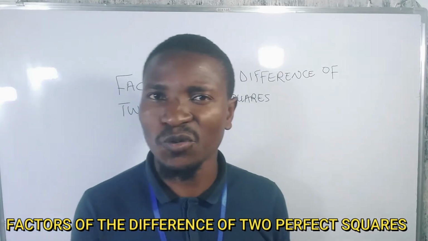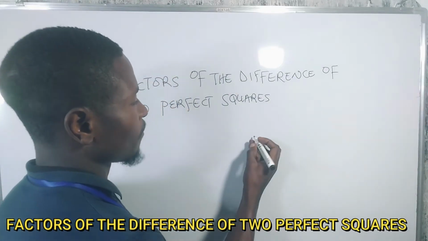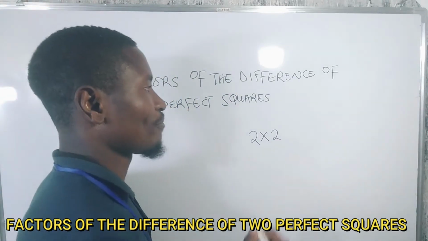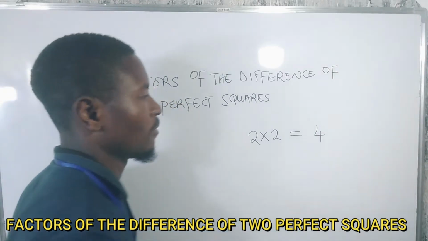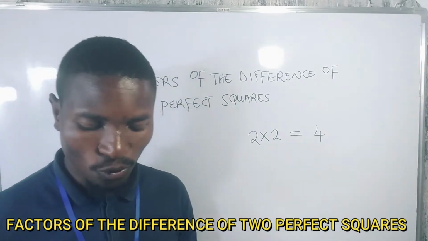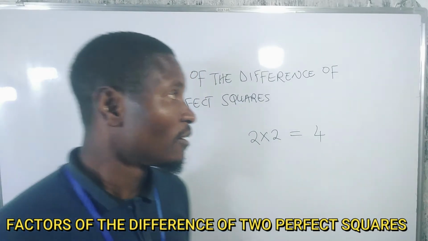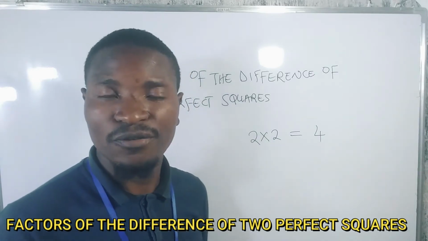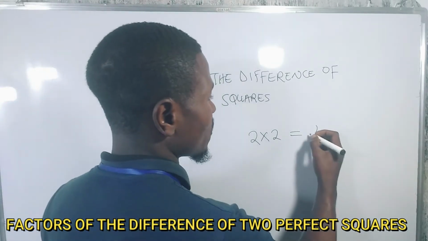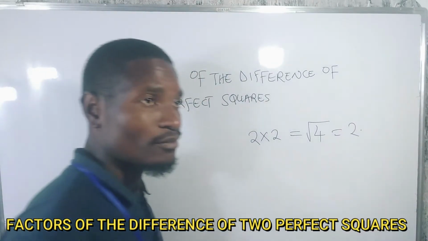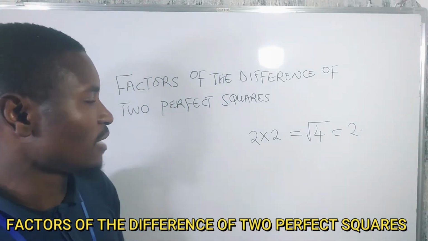What we mean by perfect squares is that when you multiply two numbers, for example 2 multiplied by 2, we get 4. Now, 4 is a perfect square, meaning that if I look for the square root of 4, I easily find that it is 2.